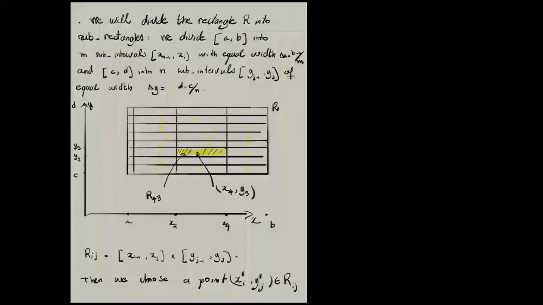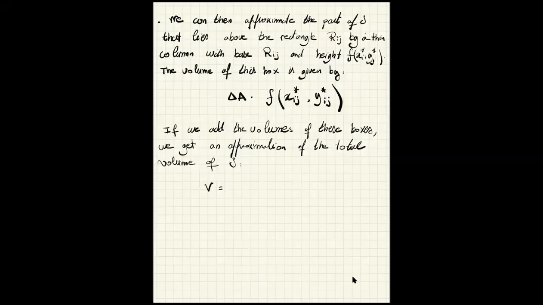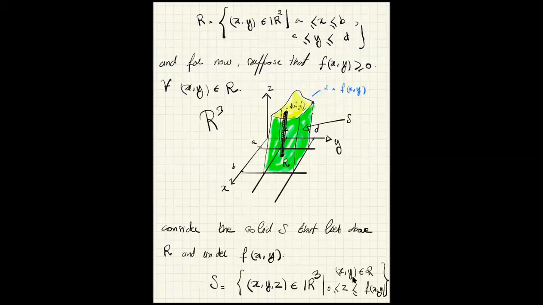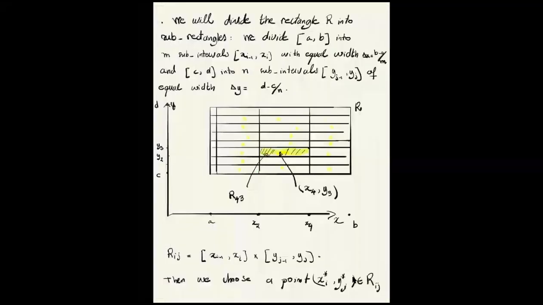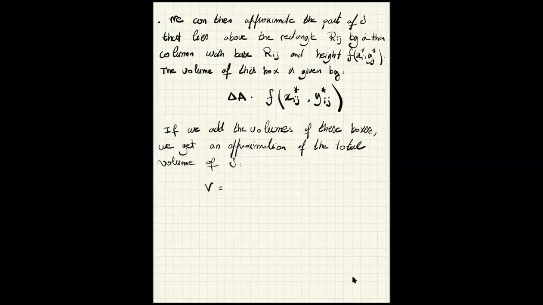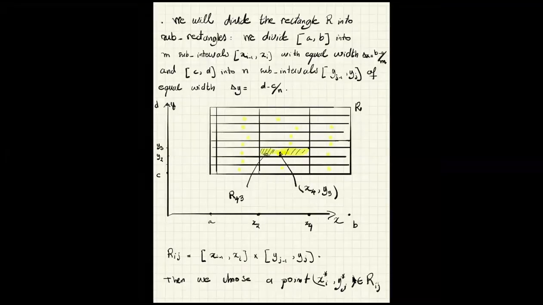So as I was saying, it's exactly the same idea as the one-dimensional case, just in higher dimension. As you increase n and m, you get much better approximations.